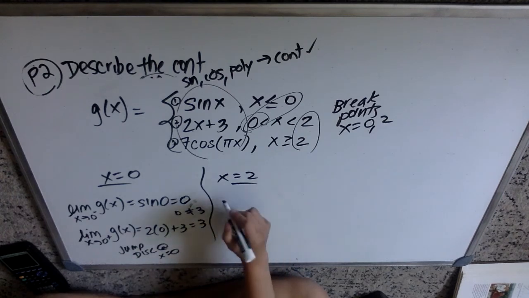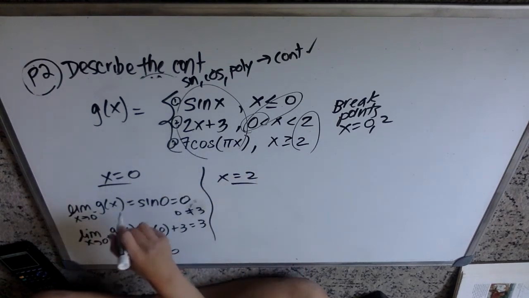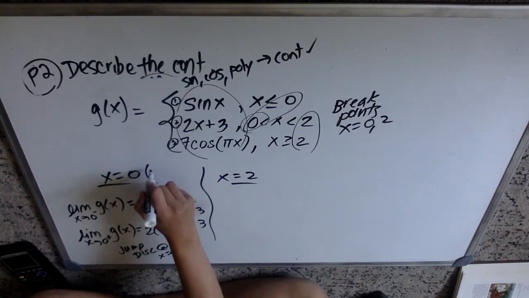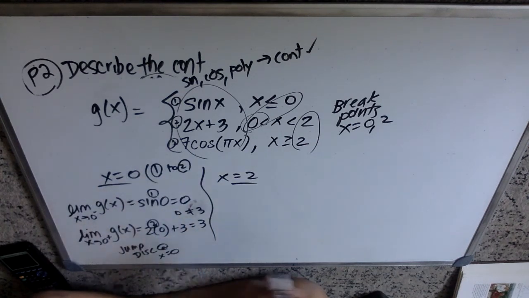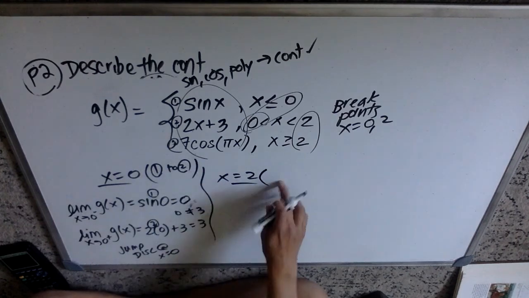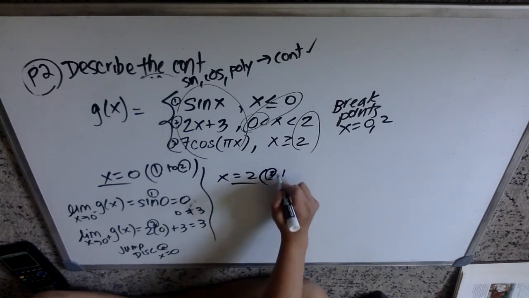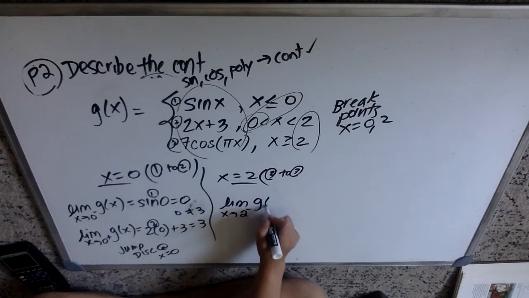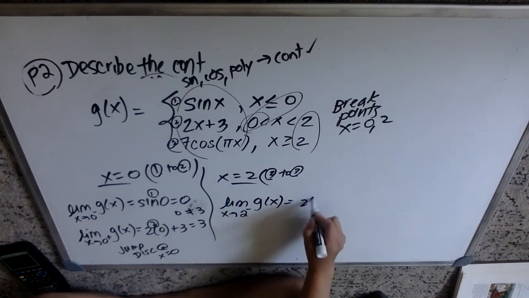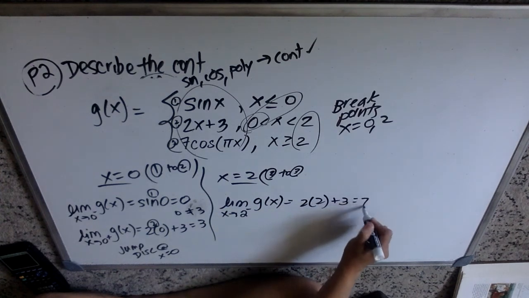Now let's try 2. Notice that at 0 I used function 1 and then function 2. Well, at x equals 2, I'm switching from function 2 to function 3, so my left-sided limit is going to be function 2. The limit as I approach 2 from the left of g of x is going to be 2 times 2 plus 3, which is 7.